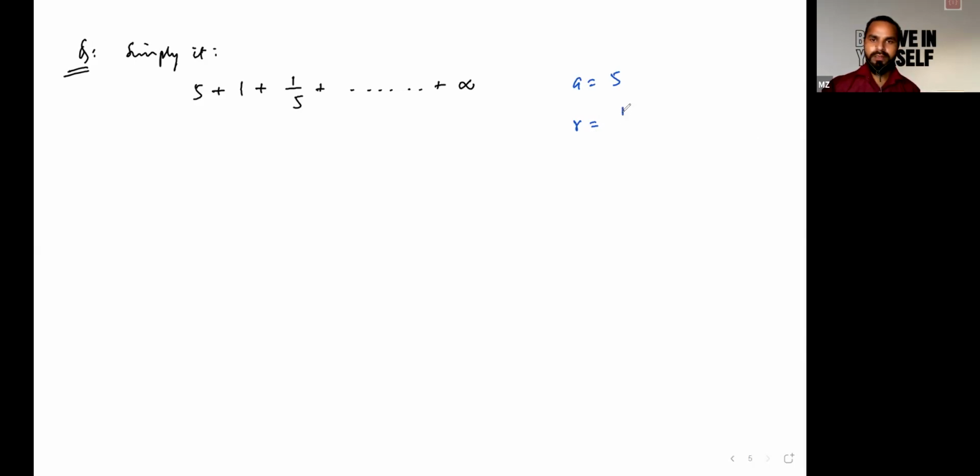So it will be a2 divided by a1. Now we have the first term as well as the common ratio, and we have to take the infinite sum. So use S infinity equals a divided by 1 minus r. Now put all the values in this particular formula and simplify it.